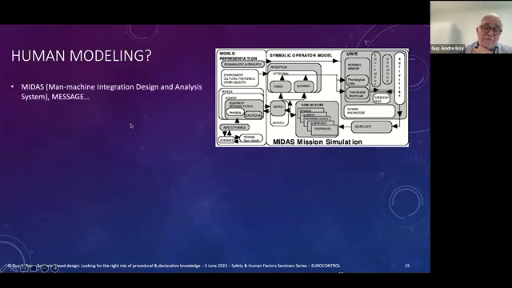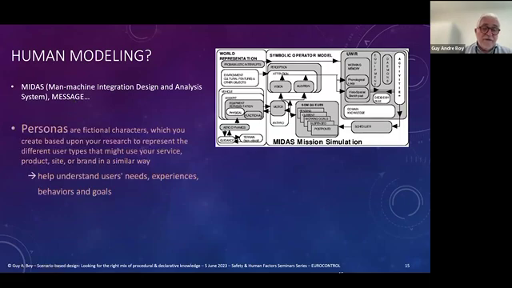I developed myself during the certification of the two-crewman cockpits with Airbus, the message model as well. If you're interested, I have papers on this. Later on, people developed personas, the persona approach, where you try to have a generic model of a human with specific characteristics and things like this.